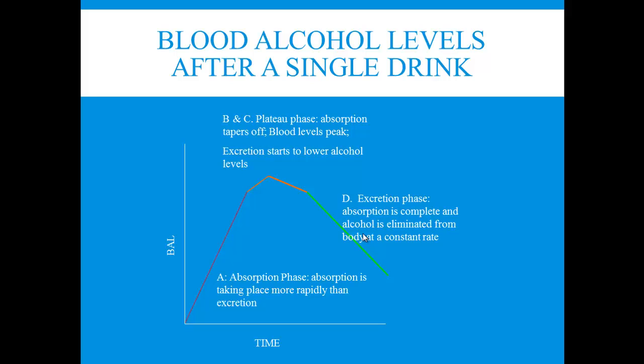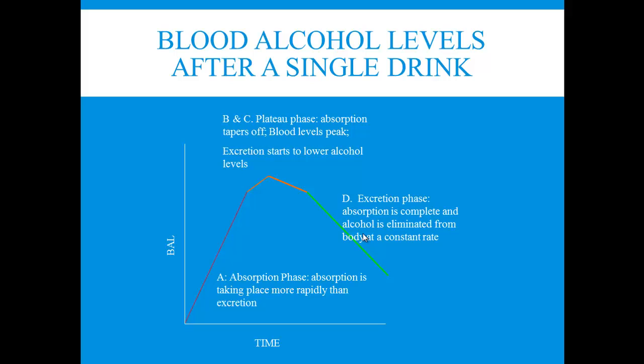And actually, I'm not familiar with another that follows zero order kinetics, although there may be some drugs out there that I'm not familiar with. Most of the drugs that we talk about in the course will follow what we call first order kinetics, where the rate of metabolism and excretion is going to be proportional to the amount that you take. But not so with alcohol. Alcohol is metabolized and excreted at a constant rate.